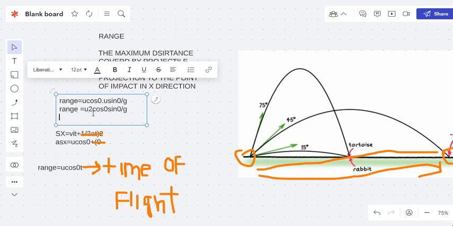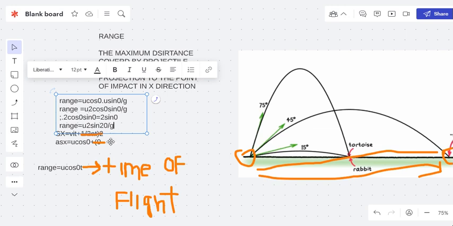And we know that 2 cos theta sin theta is a double angle identity, equal to sin 2 theta. So there we can write here that range is equal to u square sin 2 theta divided by g. Okay? So this is basically the formula of range.